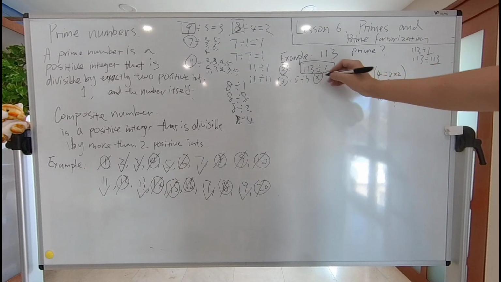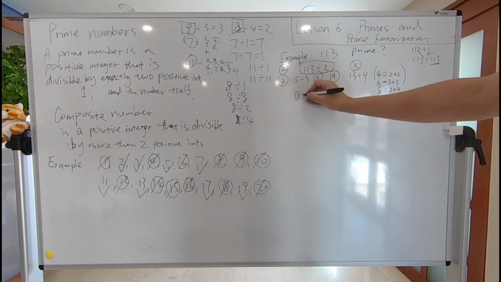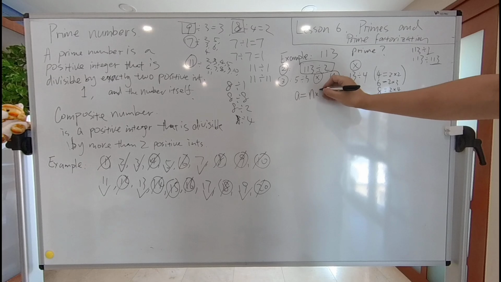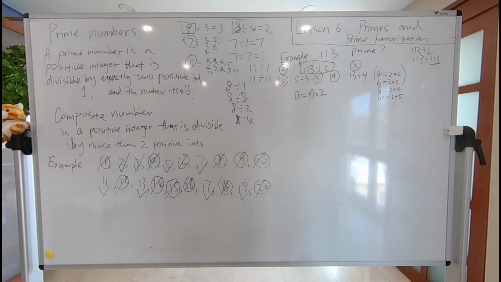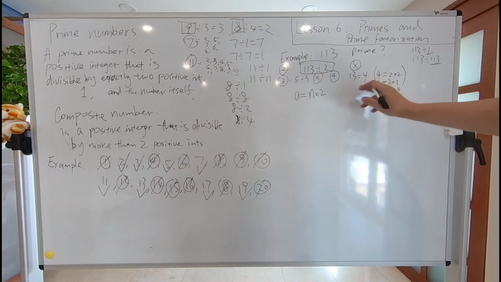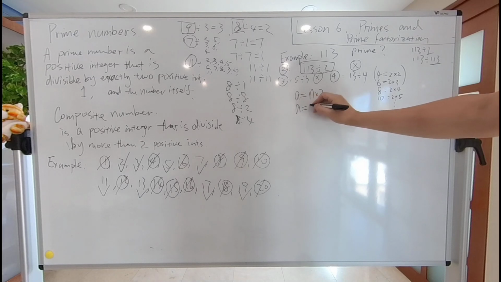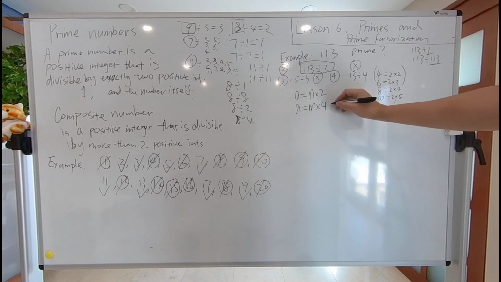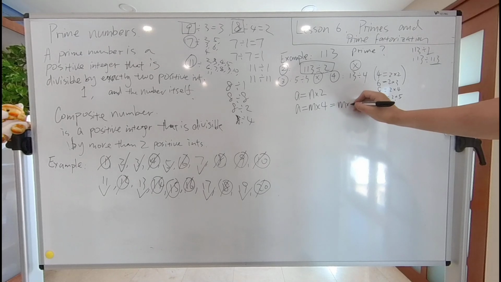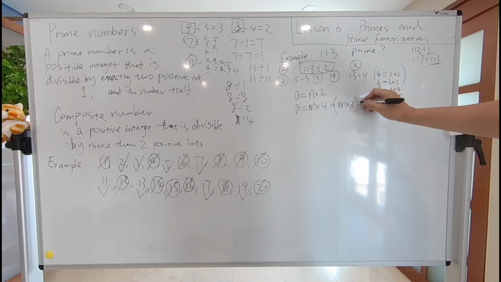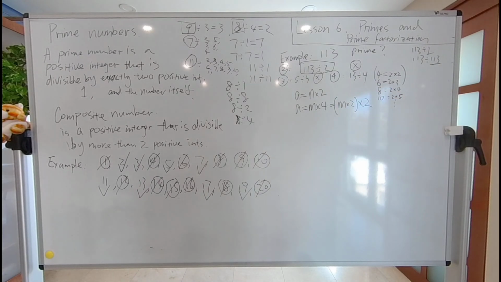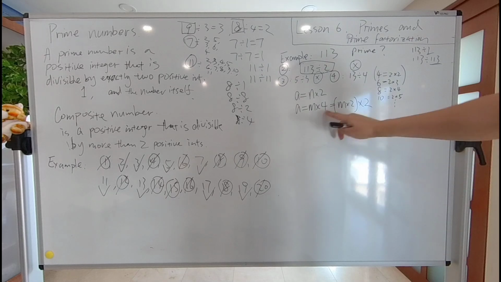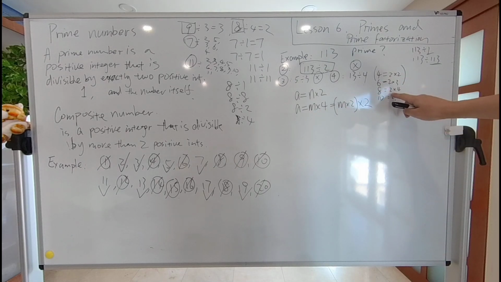Because if number A is a multiple of 2, it must be able to be written as some n times 2. But if it's also a multiple of 4 or any other even number, then this can be further written as a new integer times 2, because an even number is an integer times 2.